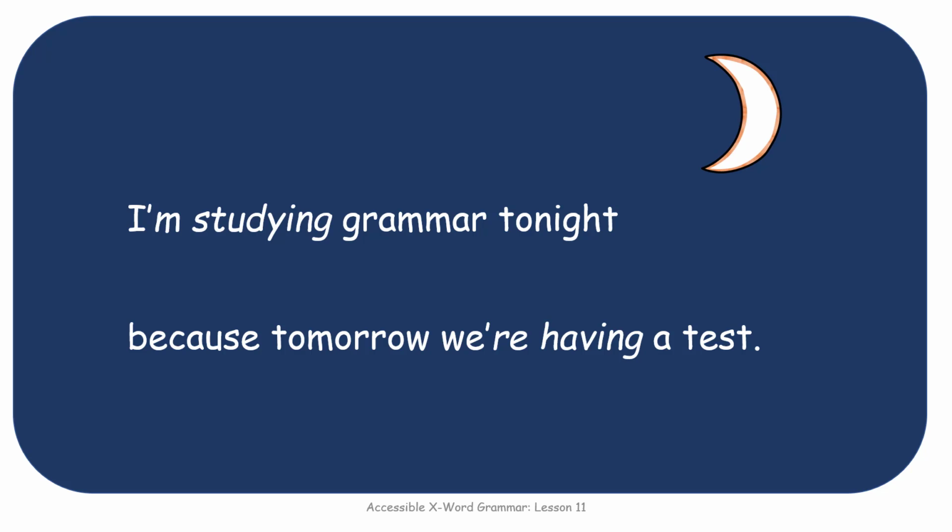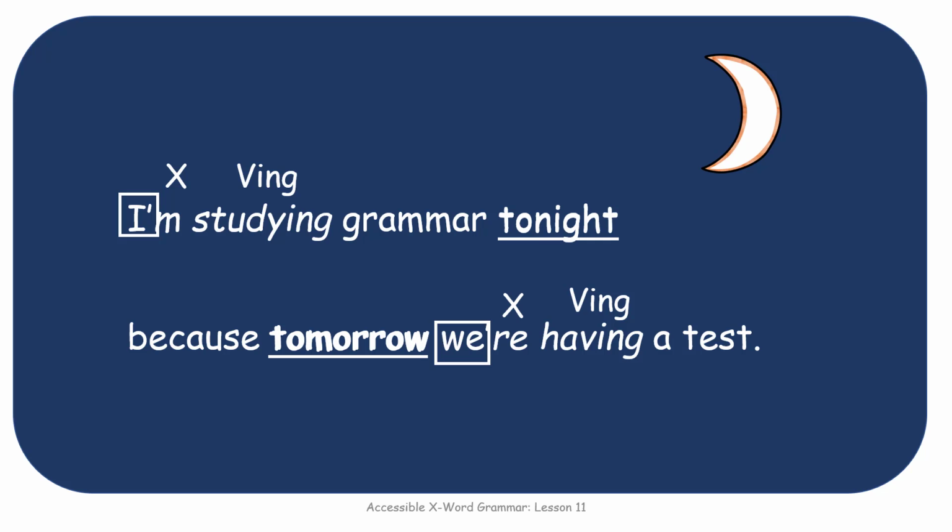In this sentence, there are 2 X words, am and are, and 2 VINGs, studying and having. The X word changes because the subject changes from I to we. There are also 2 time expressions, tonight and tomorrow. Both of them are about the near future.